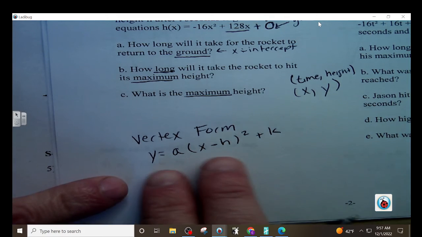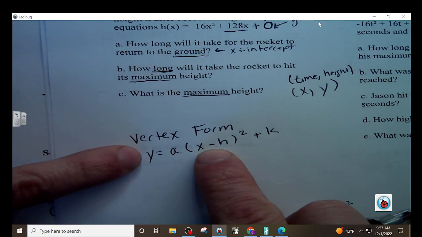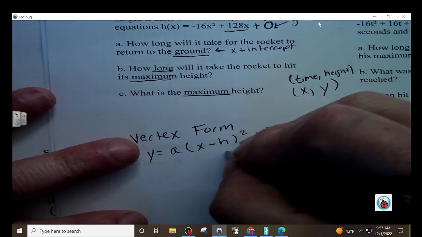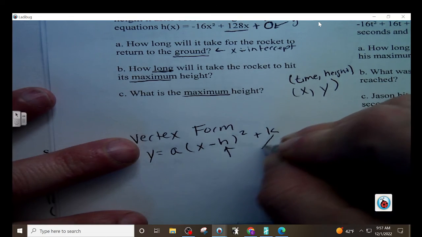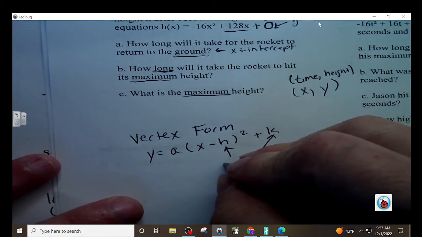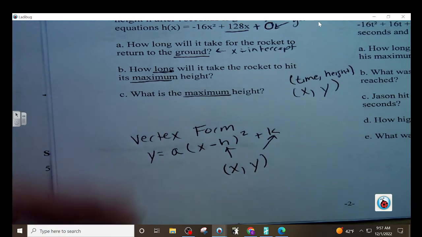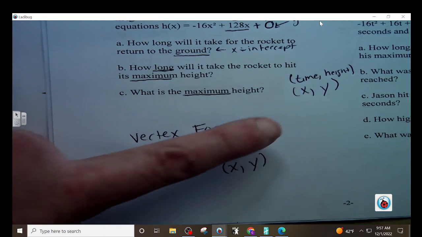Now, guys, notice x and y are being used. These values are always in your equation. Now, what this and this mean, h and k, those are the numbers of your vertex. So, guys, where the vertex is x and y, but guys, x and y have already been used. They used h and k for your vertex.